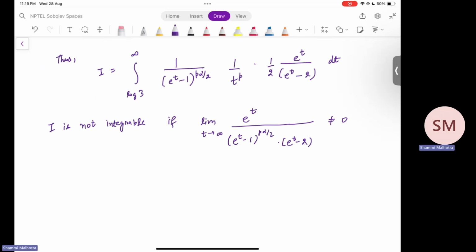And this is happening because this is an integrable and continuous function, and we know that if we have an integrable continuous function, then its limit has to go to 0 as x tends to infinity.